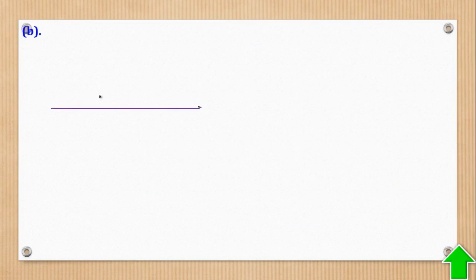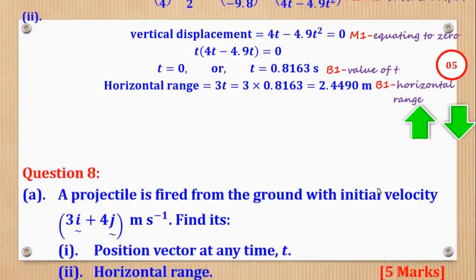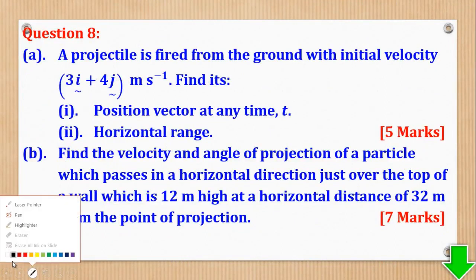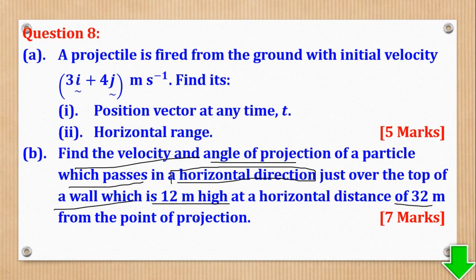Then for part B, part B says find the velocity and angle of projection of a particle which passes in a horizontal direction just over the top of a wall which is 12 meters high at a horizontal distance of 32 meters from the point of projection.